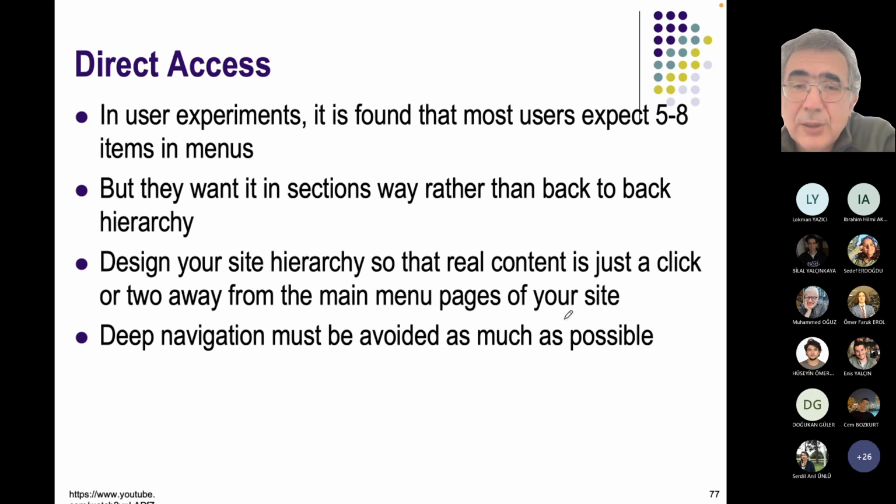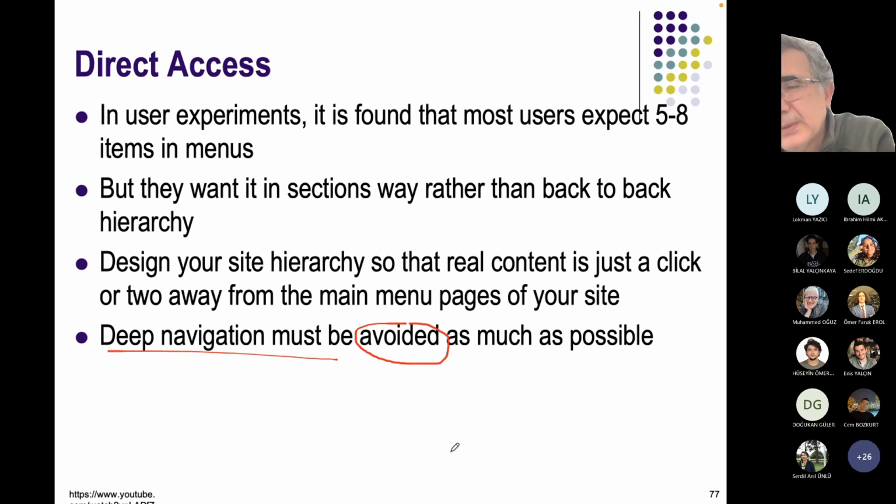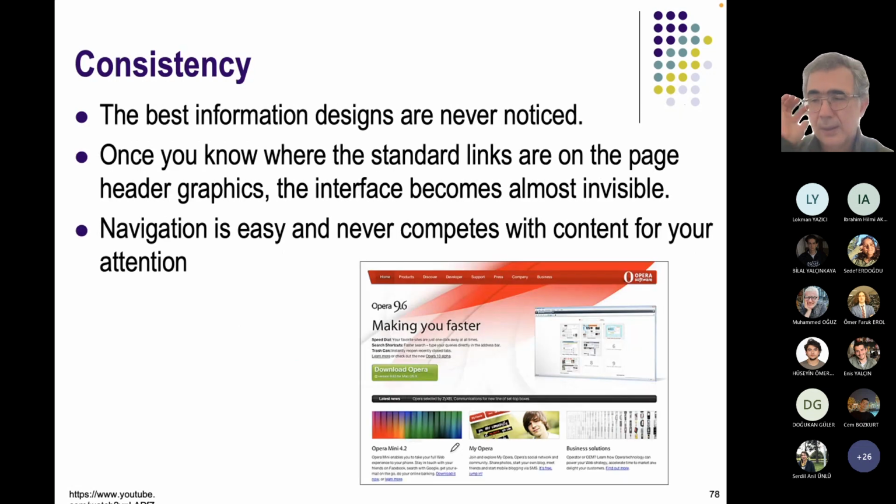Therefore, deep navigation must be avoided as much as possible. Try to make it large enough, breadth first, so that 2 clicks, maybe 3 clicks, should be sufficient to reach the correct destination. Try to make consistent web pages.